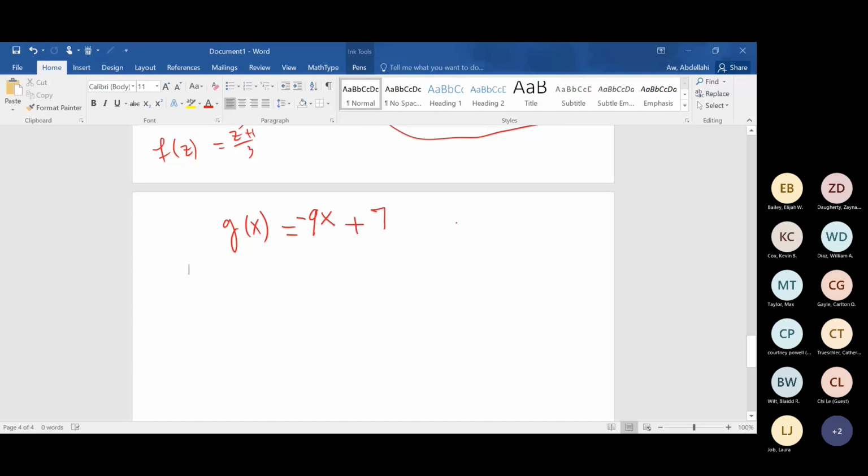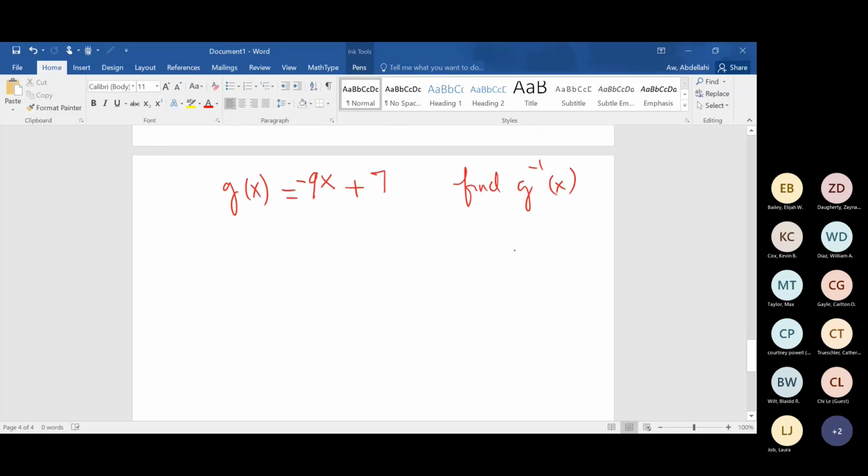Find g minus 1 of x. Again, what do you do first? First, we set negative 9x plus 7 equal to y. And second, you solve for x.